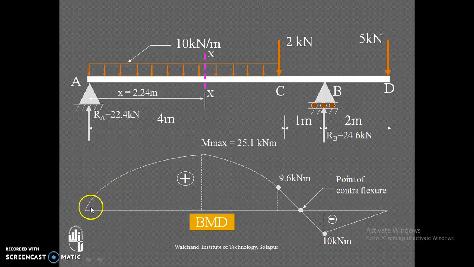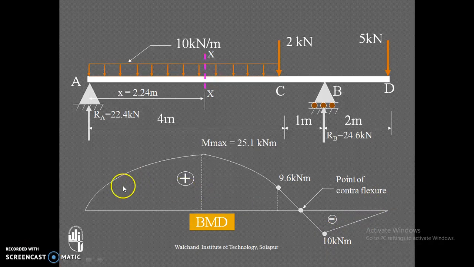Now for the variation of the bending moment diagram, from A to C it is UDL, so all these ordinates are joined by a parabolic line. Up to point C the diagram is a parabola. From C to B it is a straight line, and again from B to D it is a straight line.